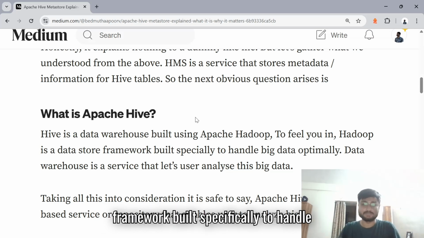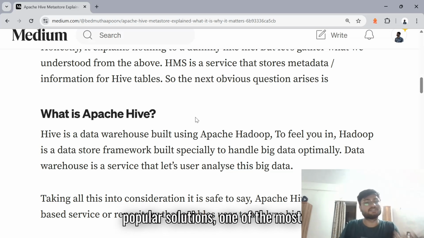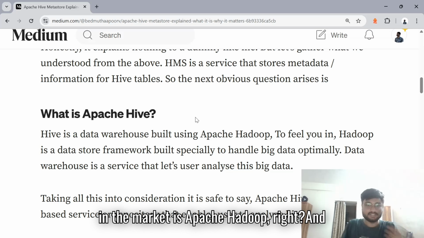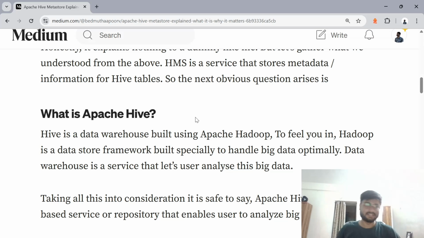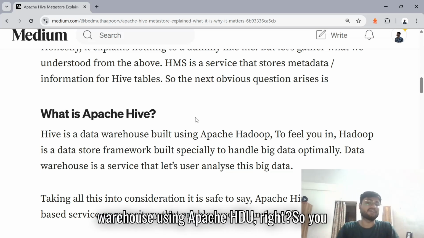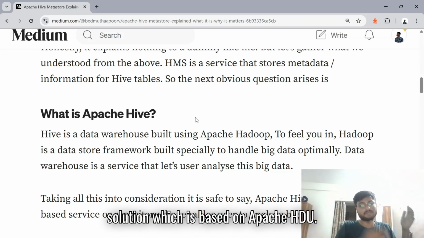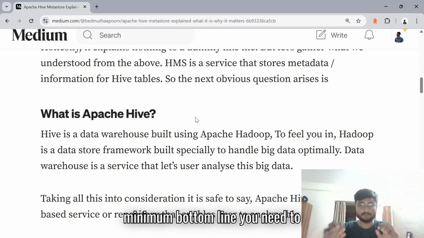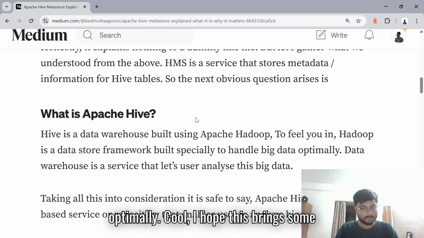One of the most popular data warehouse solutions in the market is Apache Hadoop, and since Apache Hive is from Apache, they decided to create a data warehouse using Apache Hadoop. So you can say Apache Hive is a solution based on Apache Hadoop. But the bare minimum bottom line you need to understand is that Apache Hive is a data warehouse which handles big data optimally.